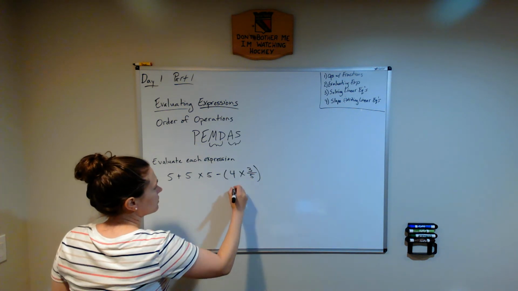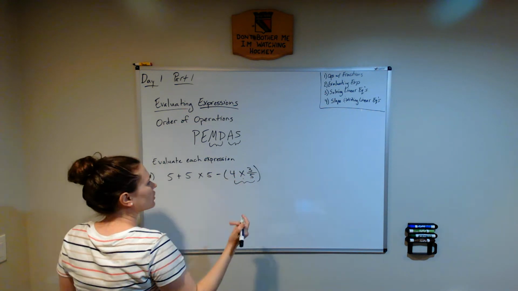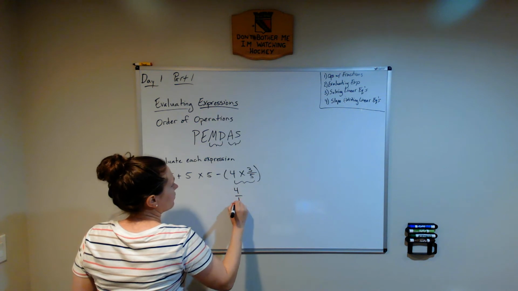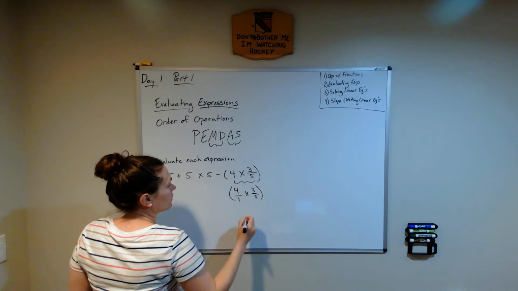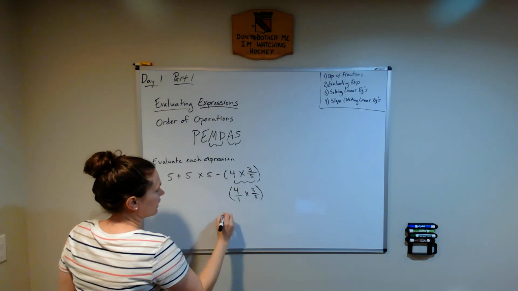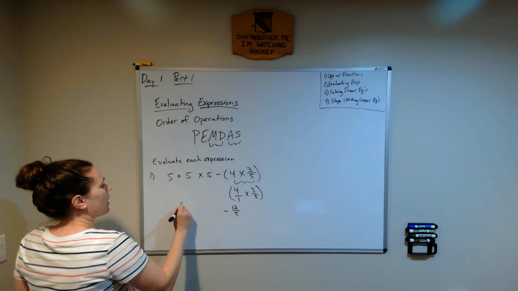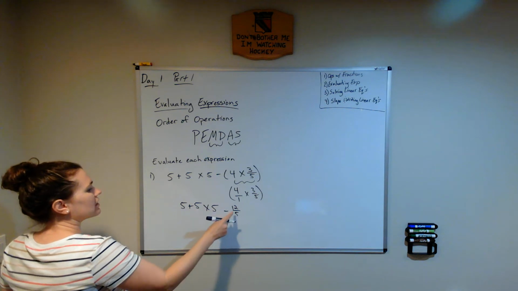So we have to do 4 times 3/5. When you have an integer times a fraction, you can always make that integer a fraction by putting it over 1. So this is 4 over 1 times 3/5. That's going to be 12 over 5, and there's nothing left outside, so this is now 5 plus 5 times 5 minus 12/5.